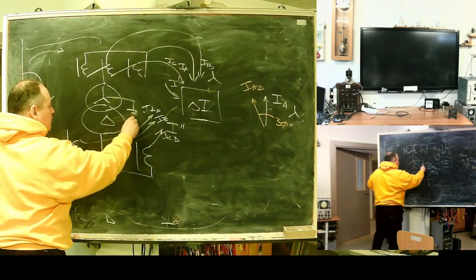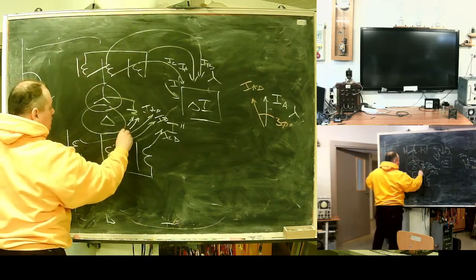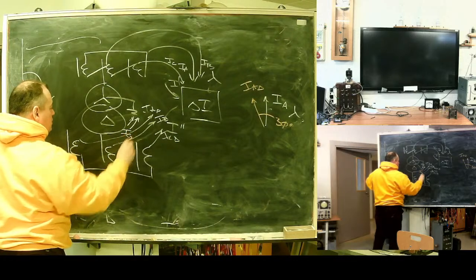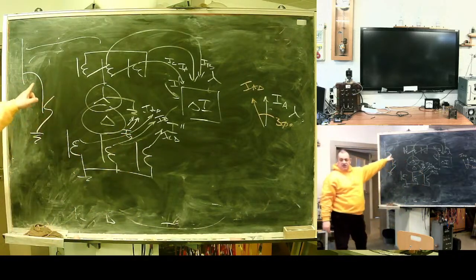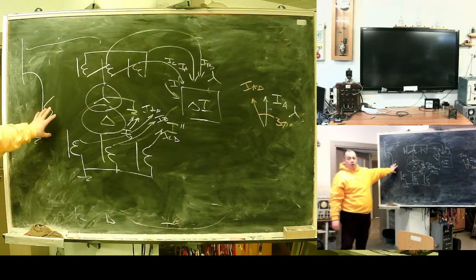Okay, you will see ground current flowing into the neutral and going to the fault place, or zero sequence flowing. It's an outer fault.